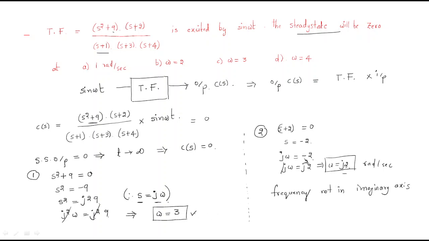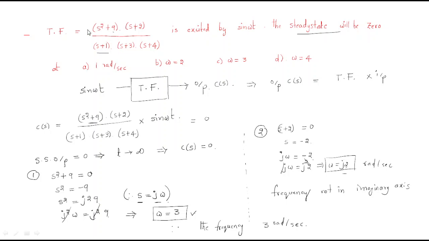Here omega is imaginary, but here omega equal to 3. Therefore the frequency, from these two equations, is 3 radian per second. So this is the procedure to do this type of problem.